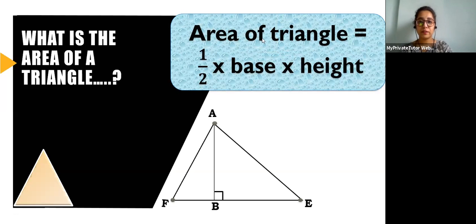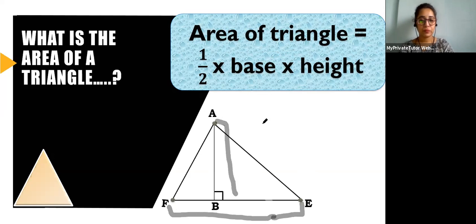If you check for this triangle, what is the base in this case? Base is FE. And what is the height in this case? Height is AB.